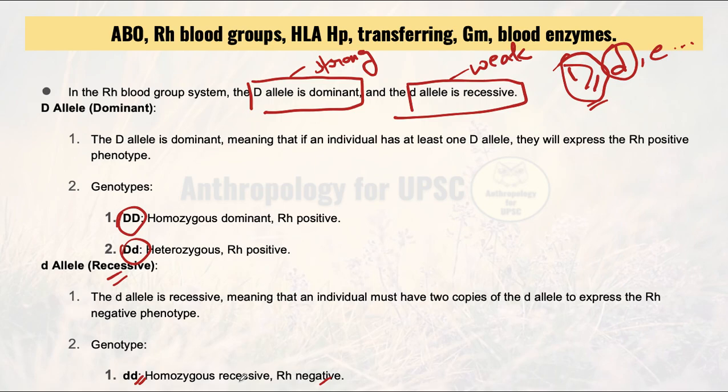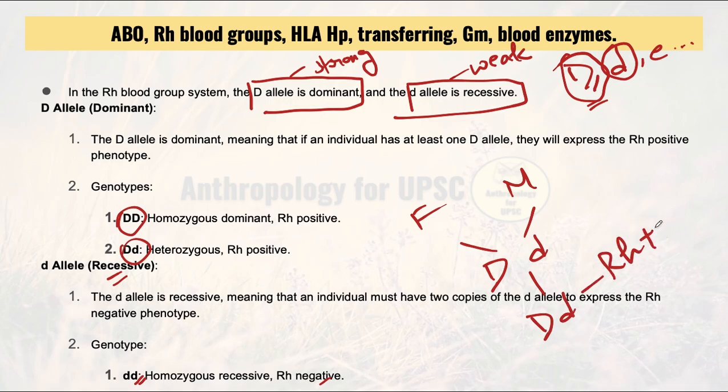अब when in terms of inheritance you are talking about, because अभी तक आप जान गए कि capital D is dominant and smaller d is recessive. अब inheritance के केस में suppose there is a father and there is a mother. अब father and mother से जब child को मान लो यहाँ से he is getting this capital D but from the mother he is getting smaller d, then this will be Rh positive, right?